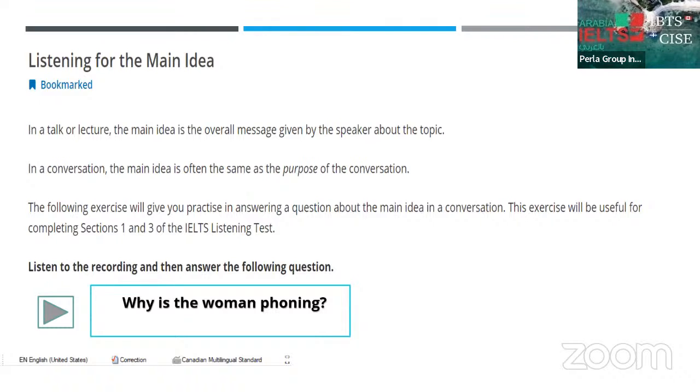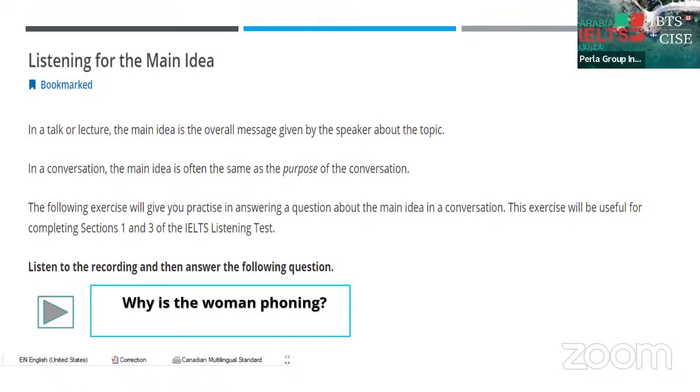And specifically in section 1 and section 3, but in general, all of them, the hint or the secret here is all about understanding from the beginning the instructions and really understanding the main idea of the speaker.